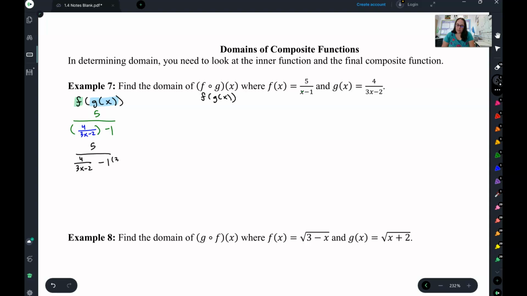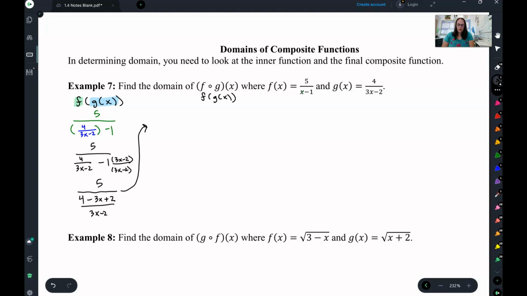Same thing we did last video. I'm going to times this 1 by 3x minus 2 over 3x minus 2. So then I've got a common denominator. Now I'm going to distribute this negative 1 in. So that's minus 3x plus 2 all over my common denominator.